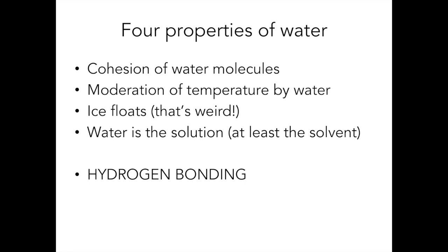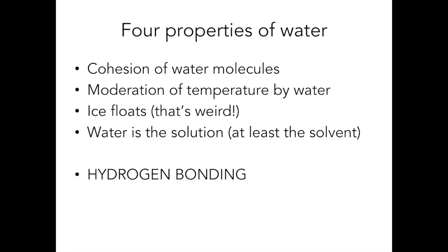Ice floats, and what does that have to do with living organisms? I will explain that to you. And then the fact that water is polar, has this polar covalent bond and hydrogen bonding, makes it a very, very good solvent. And we'll talk about that. That's part of learning objective 8.